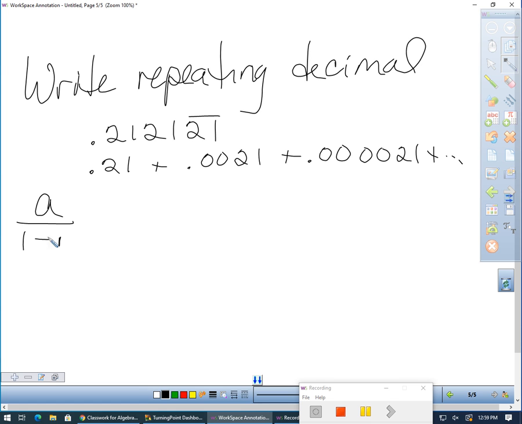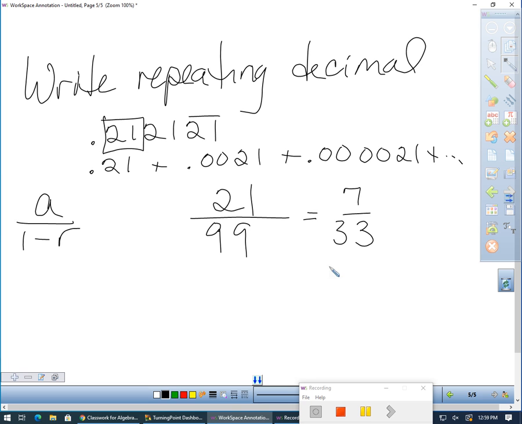If it is repeating 2 decimal places, you're going to take 21 over, and then however many digits that is, you subtract 1 from it. So we're going to go 99. Then type that in and press enter to reduce that to 7 over 33, I believe.